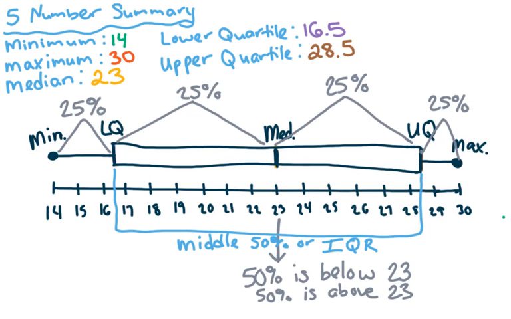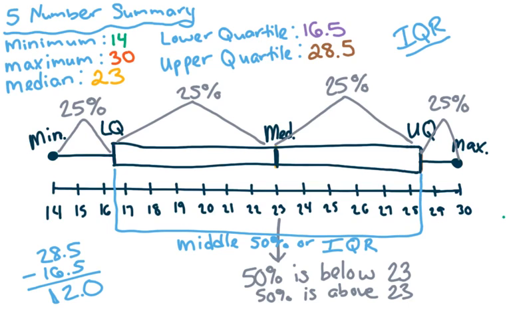It's very spread out, going from 16.5 to 28.5. We have an IQR, or interquartile range, between the quartiles range of 12. That's a pretty big range for the middle half of the data. This is some very inconsistent data.